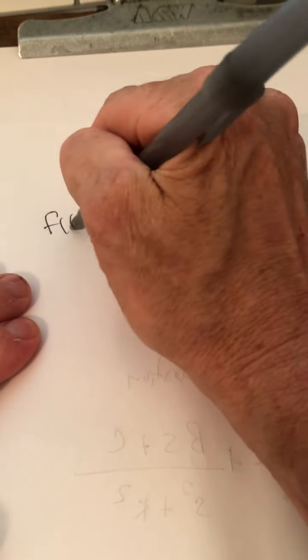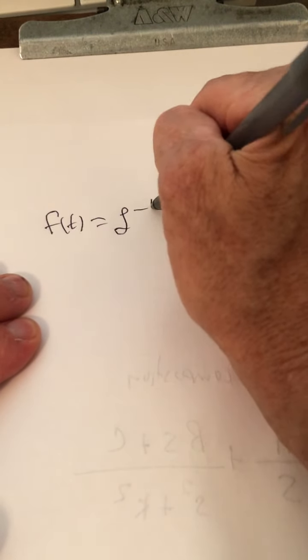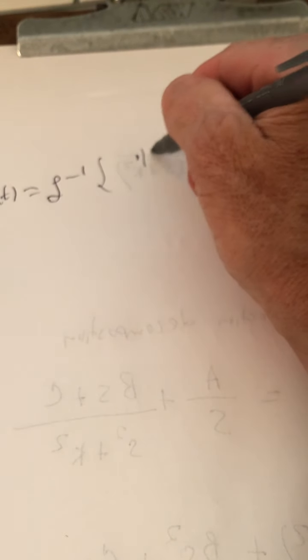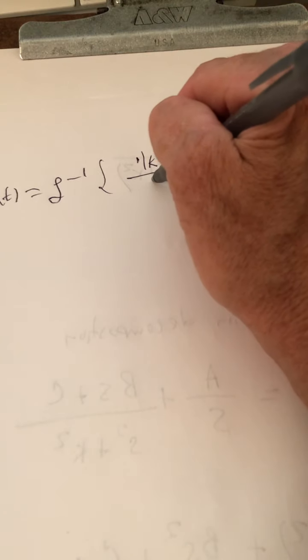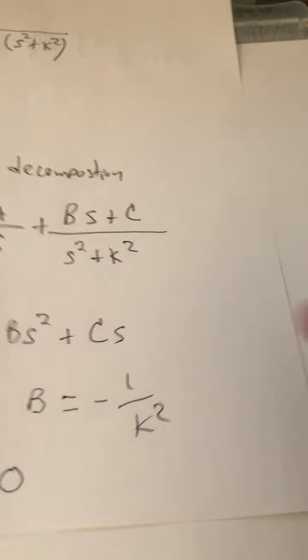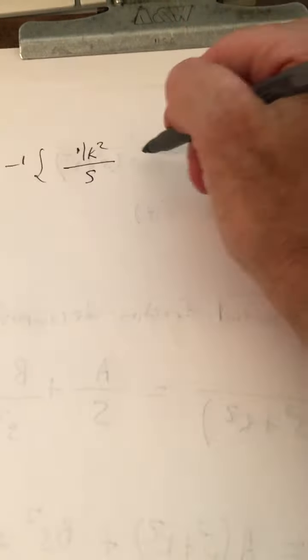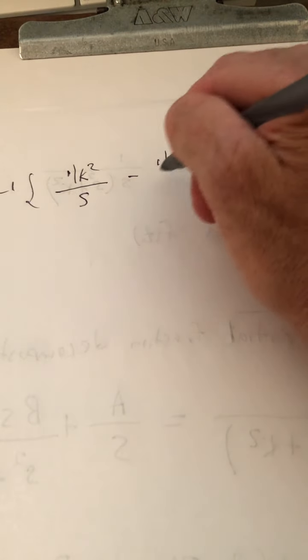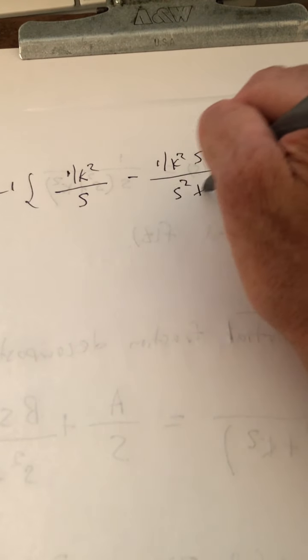So f of t is the inverse Laplace transform of, filling in for A, B, and C, 1 over k squared over s minus 1 over k squared times s over (s squared plus k squared).